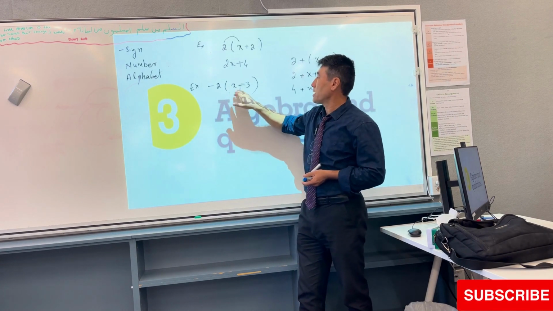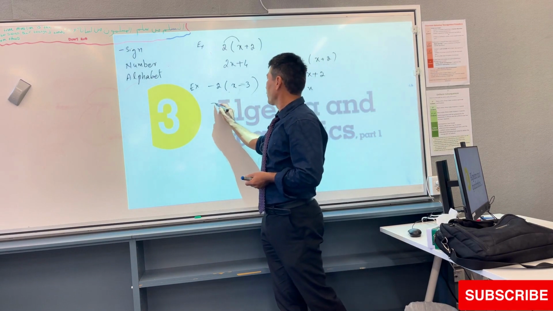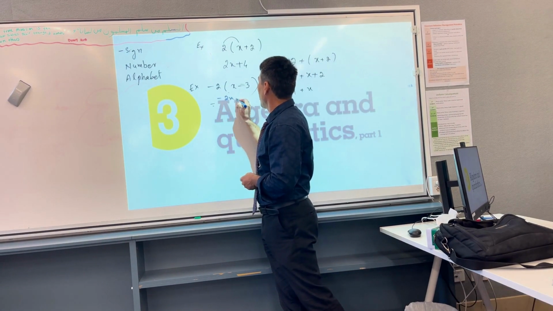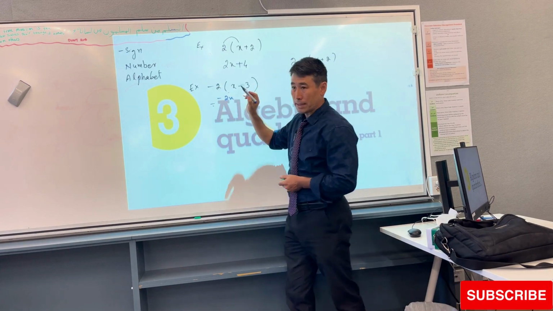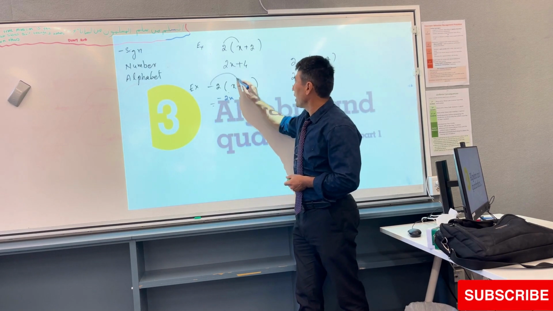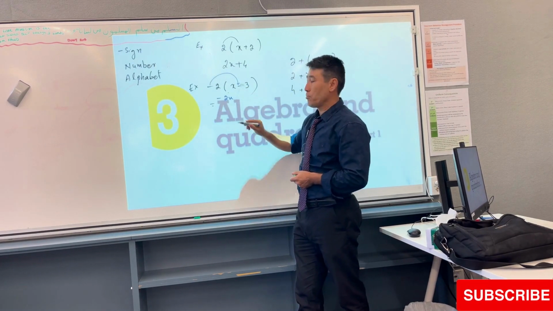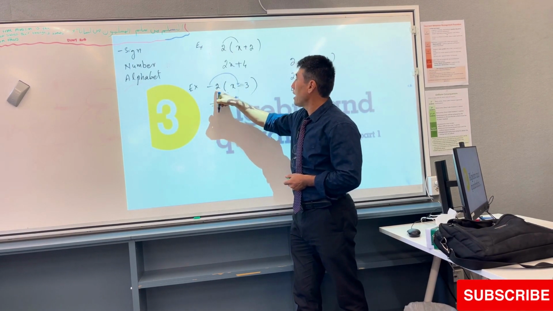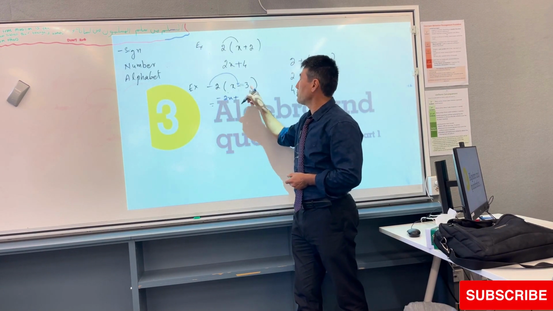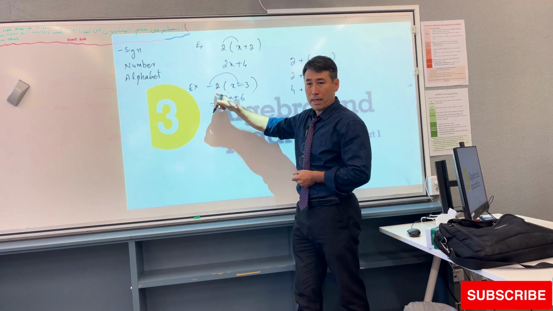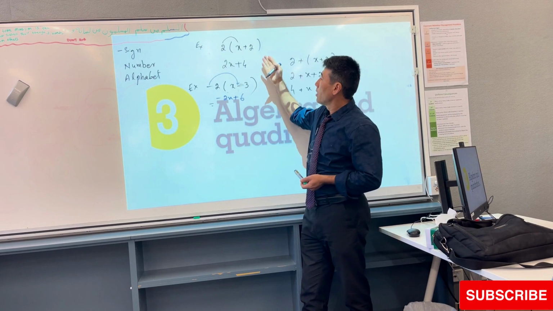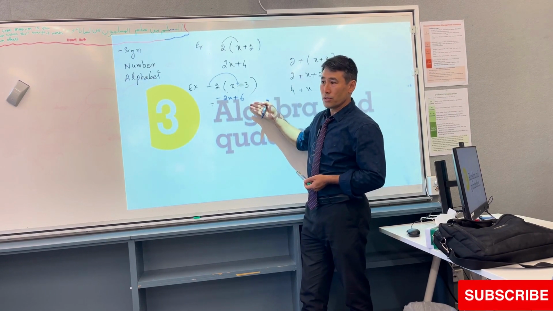Negative times positive is negative. We have negative 2x. And then again, apply with the second one, guys. Remember, sign first. Negative with negative is positive. And number with number, 2 times 3 is 6. We don't have any alphabet here, so we just don't do that. Okay? That makes sense? Yeah. That is example 2.